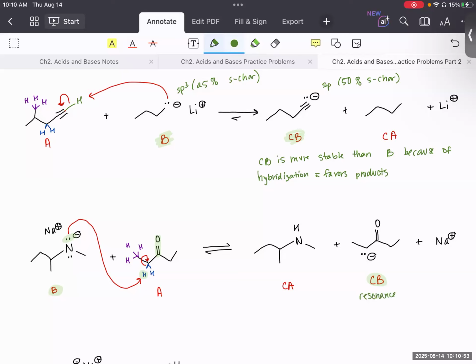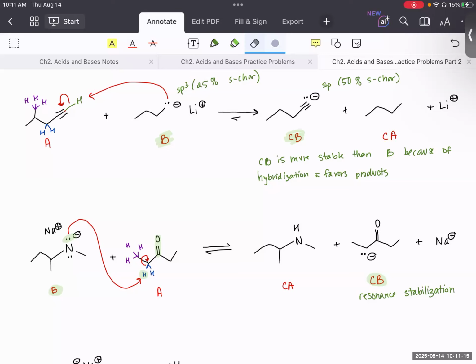However, we also have the element effect to consider, which is that nitrogen, based off the element effect, should be more basic than carbon. However, the resonance stabilization actually wins out in this case, and it's a more important effect than the element effect.